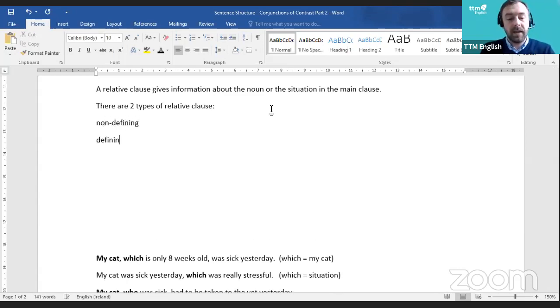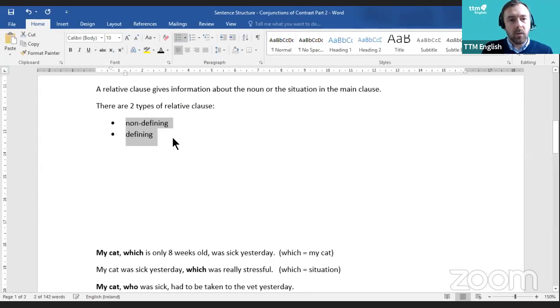Then you've got defining. So the word defining here, I think that we should think of it as essential and non-essential. So I'm going to give them colors. The defining clauses, we're going to make them blue, let's say, and non-defining, we'll make those green. They're my favorite colors.